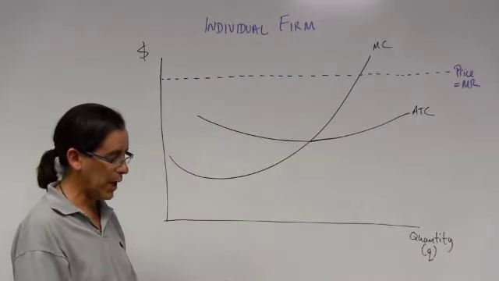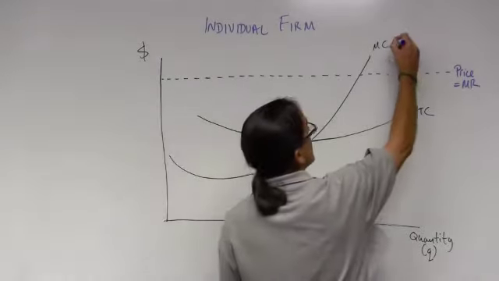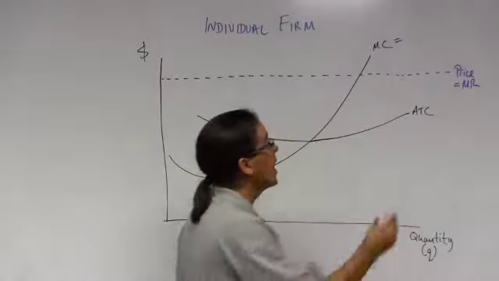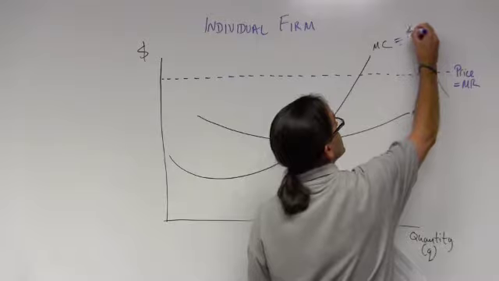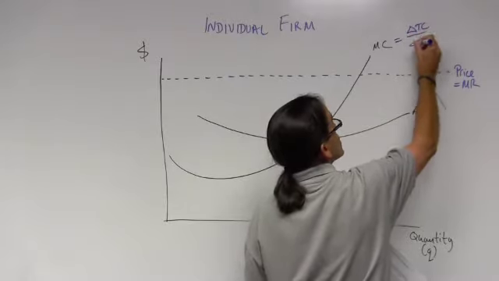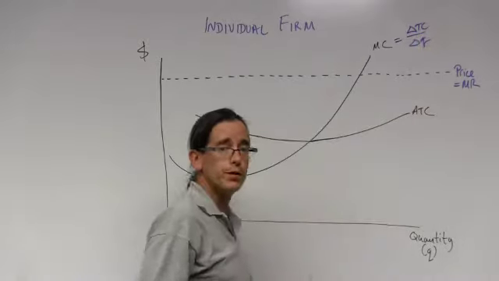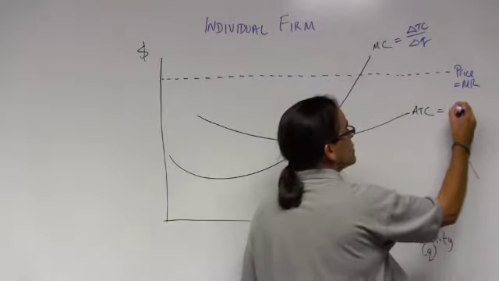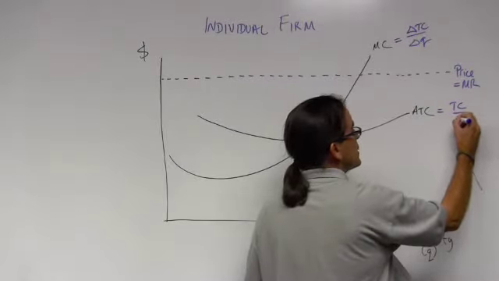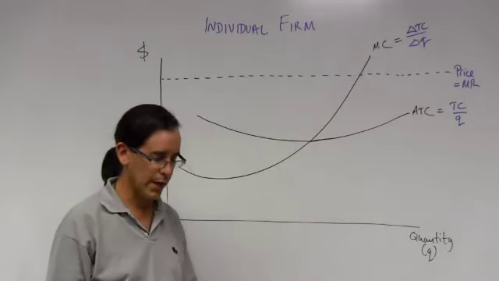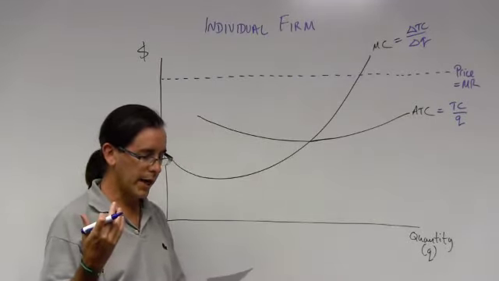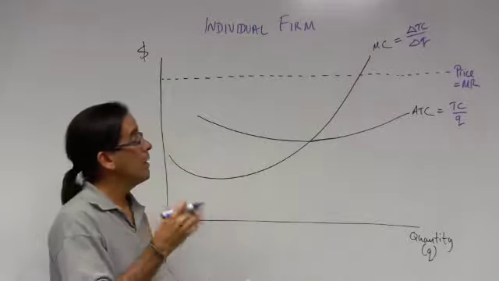So, maybe what we'll do is we'll say marginal cost. When you learned this in introductory micro, it was the change in total cost over the change in output. And for average total cost, it's simply the total cost divided by the quantity. Okay? So we have these cost curves.